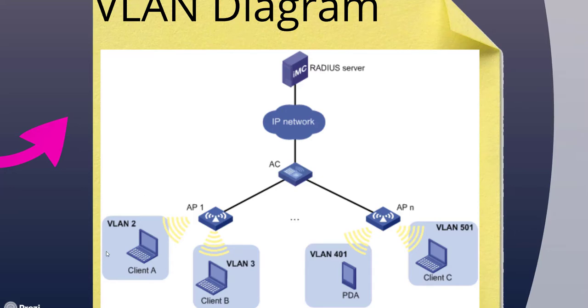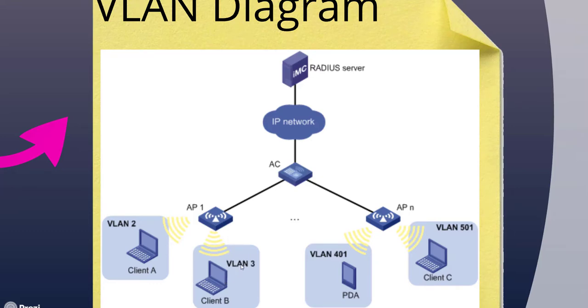So basically, the devices that belong to VLAN 2, even if they have the same network address as those of VLAN 3, say for example this one is 192.168.3.1, and this computer that belongs to the other VLAN is 192.168.3.2, they wouldn't be able to communicate directly.